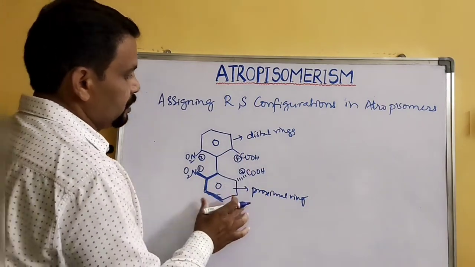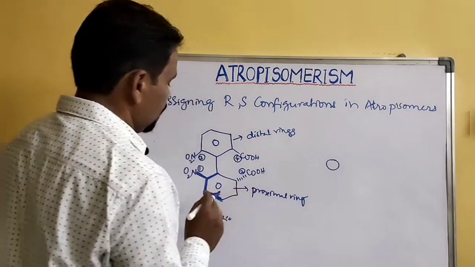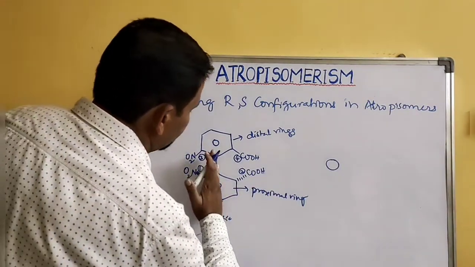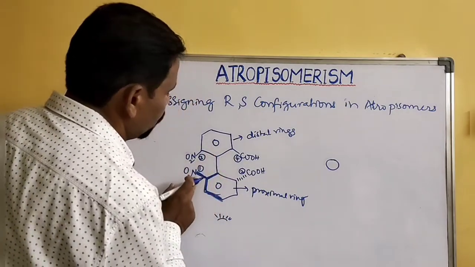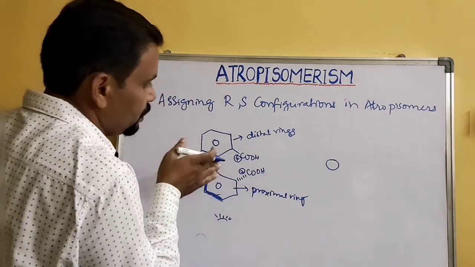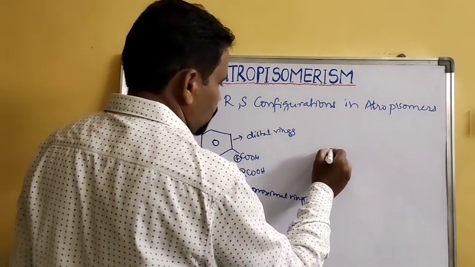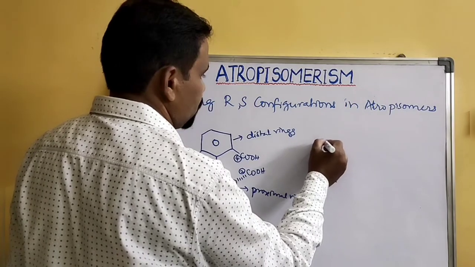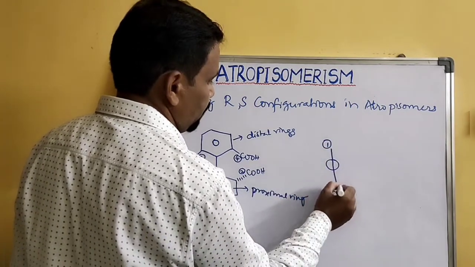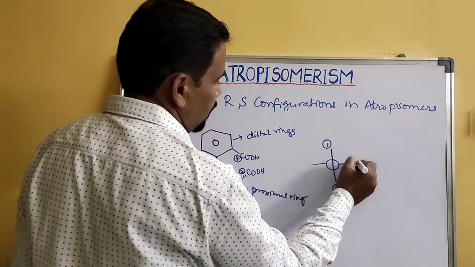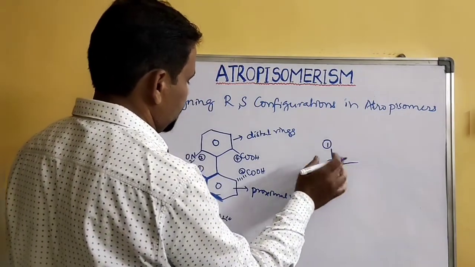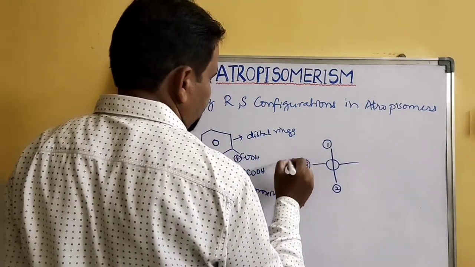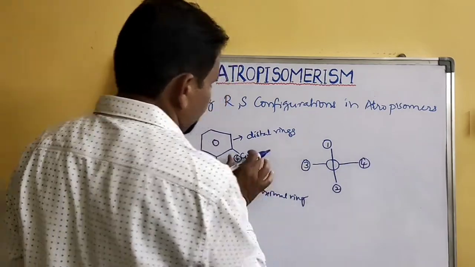Then you can convert this into Newman projection. You are viewing this molecule from this side. This is in this plane, therefore the nitro group is top and COOH is bottom. So this goes through this circle, the nitro group is first priority, the COOH group is second priority, and the distal ring goes from the backside, with the nitro group third on the left side, and the carboxylic acid fourth on the right side.